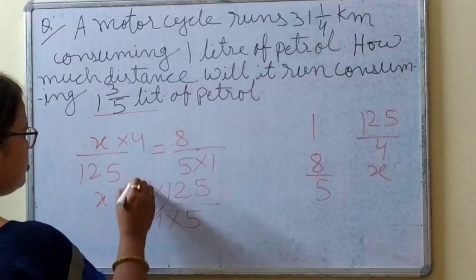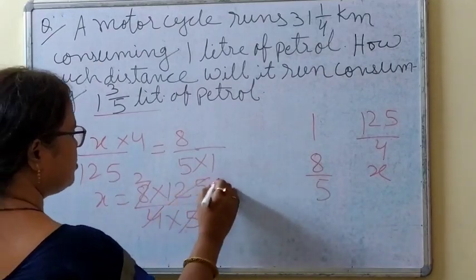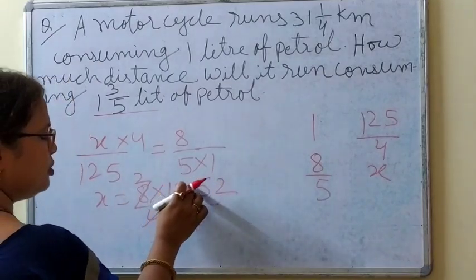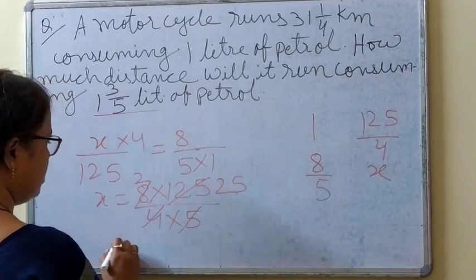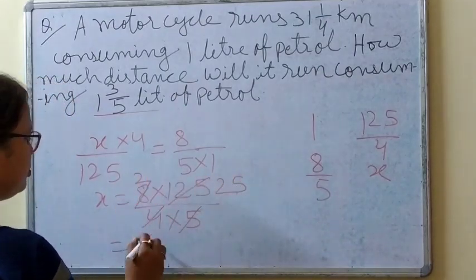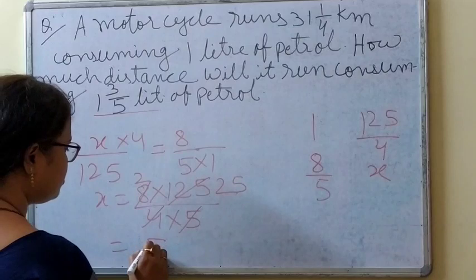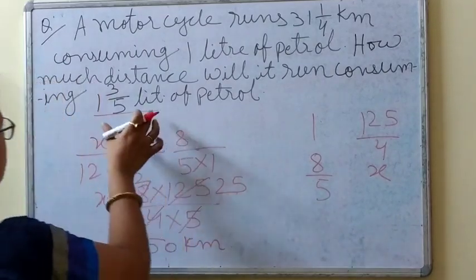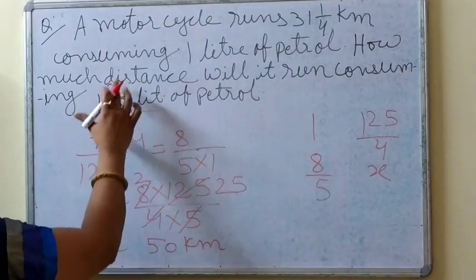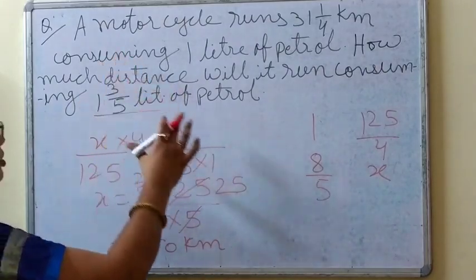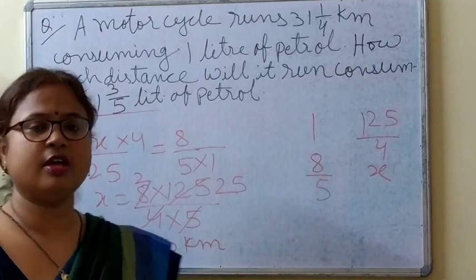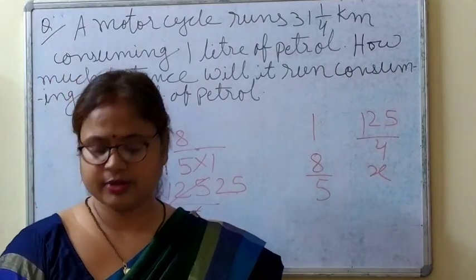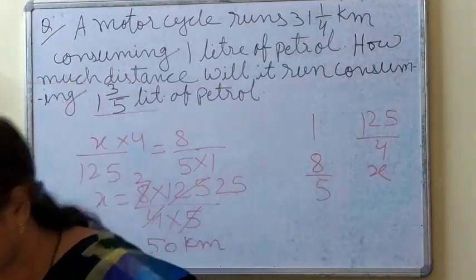So 4 twos are 8 and 5 twos are 10. 5 fives are 25, and 25 into 2 is what? 50. So, by consuming 1 3/5 liters of petrol, the motorcycle will run how much distance? 50 kilometers. Okay. Now, let's do the next one.